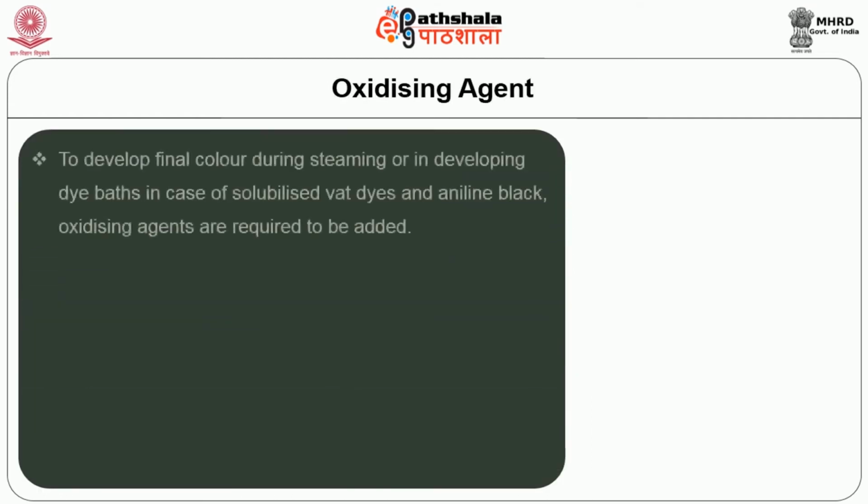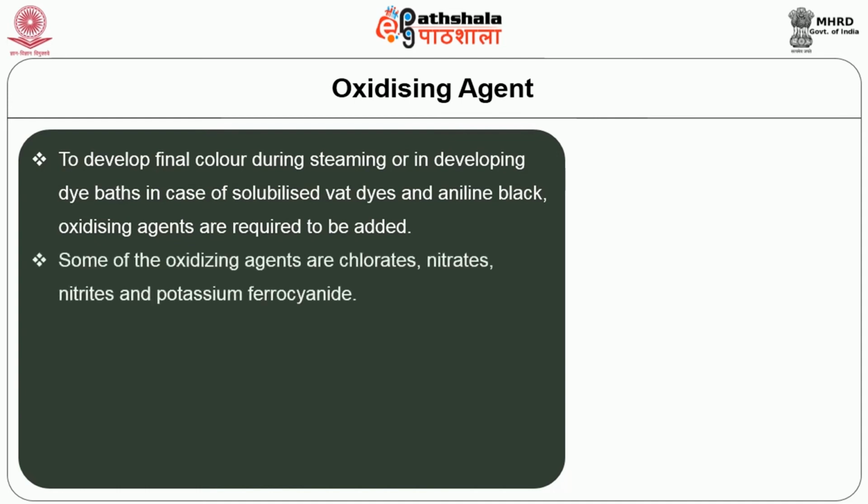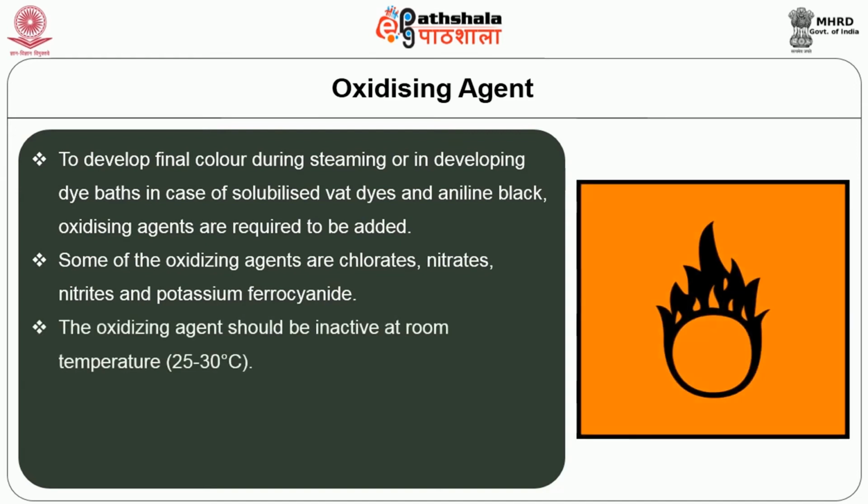Oxidizing agent. To develop final color during steaming or in developing dye baths in case of solubilized vat dyes and aniline black, oxidizing agents are required to be added. Some of the oxidizing agents are chlorates, nitrates, nitrites and potassium ferrocyanide. The oxidizing agent should be inactive at room temperature, that is 25 to 30 degrees centigrade.